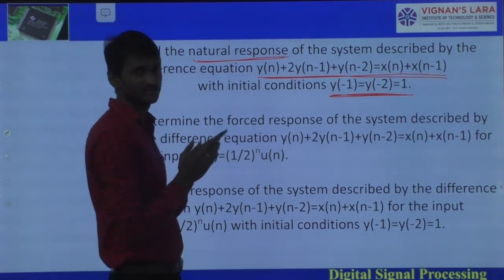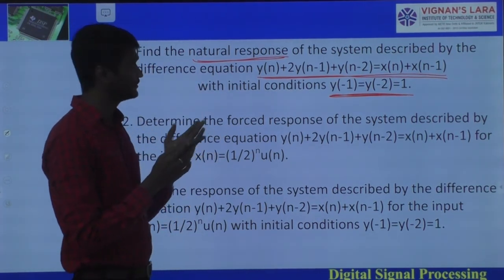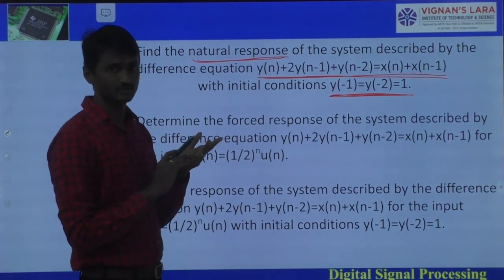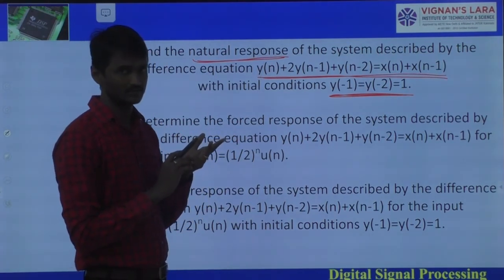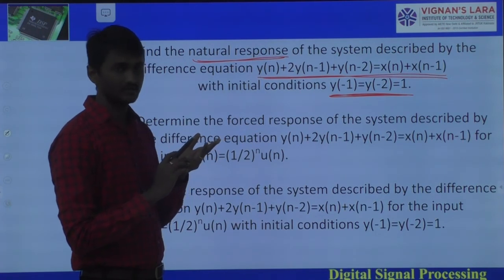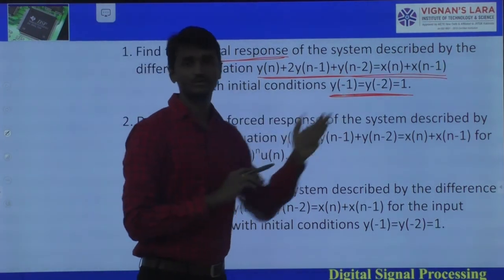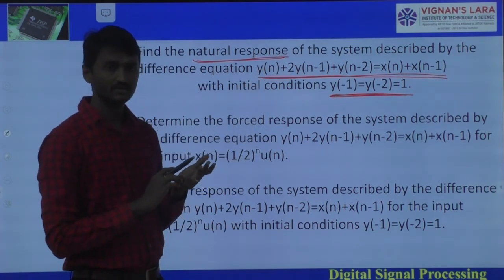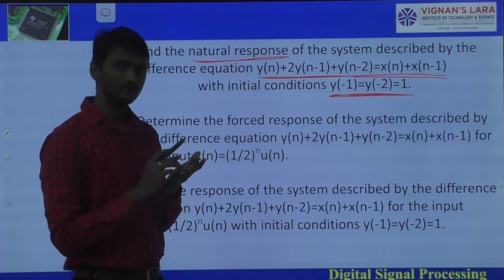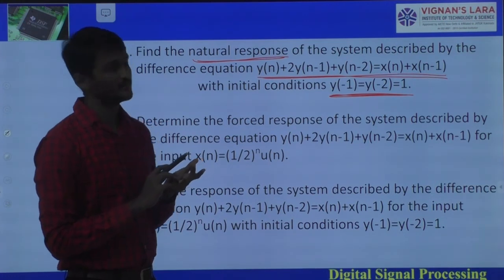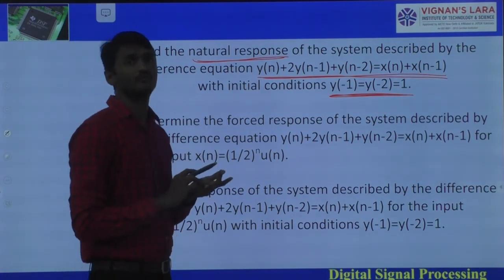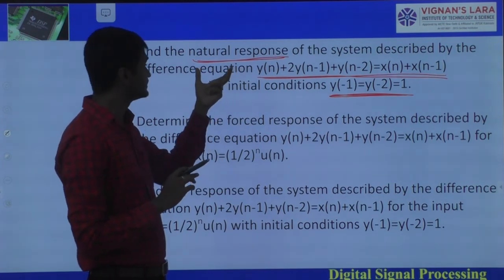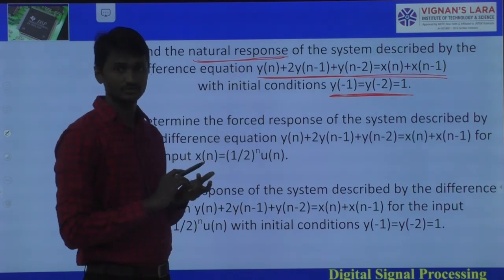So to find the natural response, simply we have to find the homogeneous solution, right? To find the homogeneous solution, we need the characteristic equation. For finding the characteristic equation, we have to equate the input terms to 0. Then we will get the characteristic equation. With the characteristic equation, we have to find the roots. Then based upon the roots, we have to write the natural response or homogeneous solution.